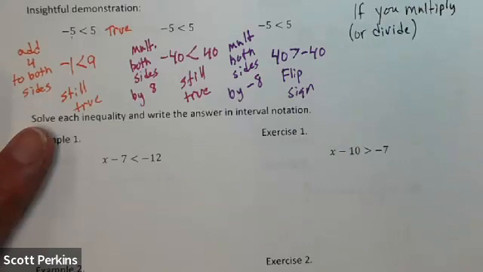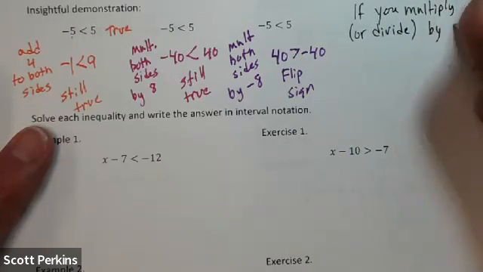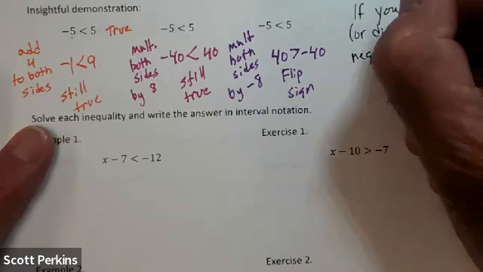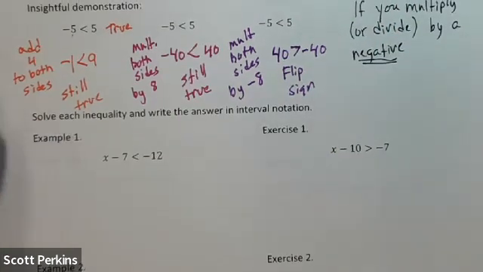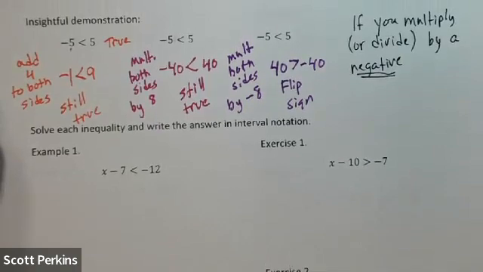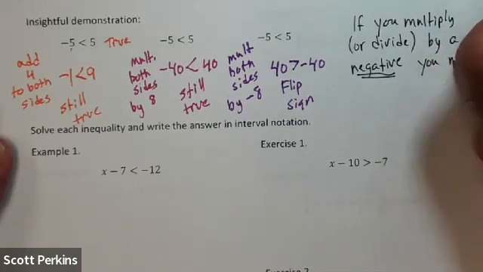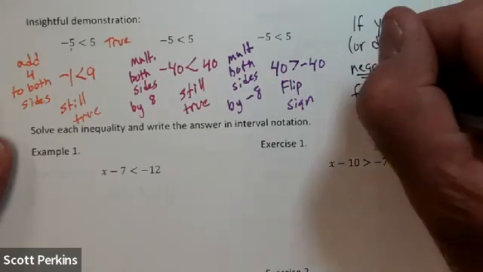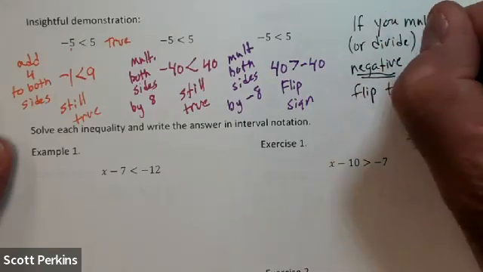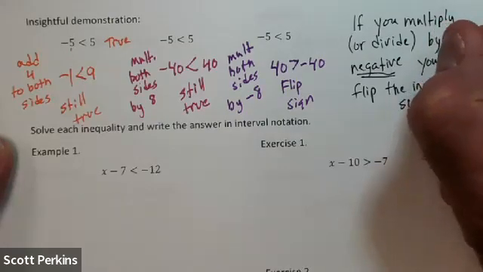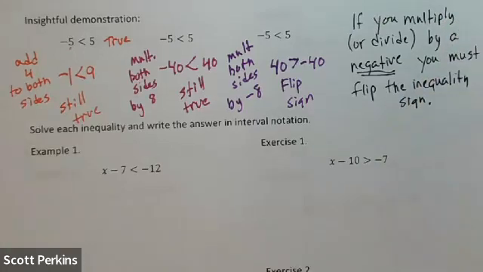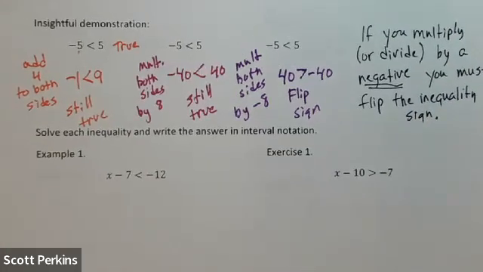If you multiply or divide by a negative, I'm going to underline negative. That's the most important word in this sentence. If you multiply or divide by a negative, you must flip the inequality sign. That's how you keep the statement true.